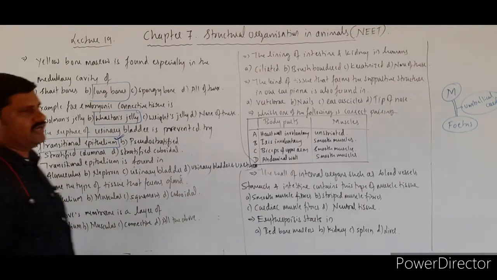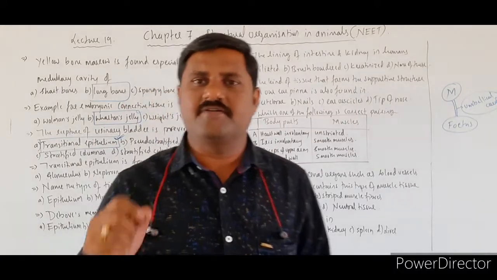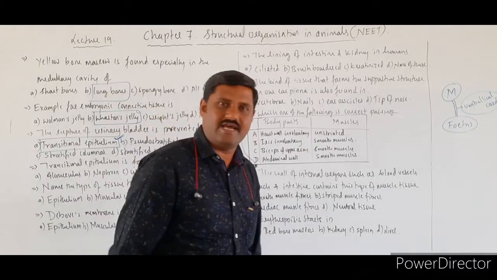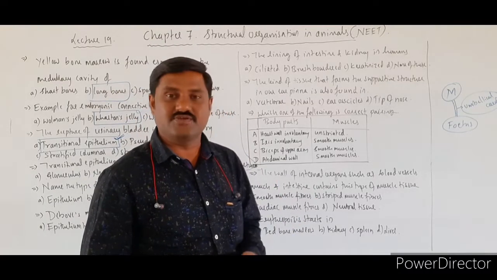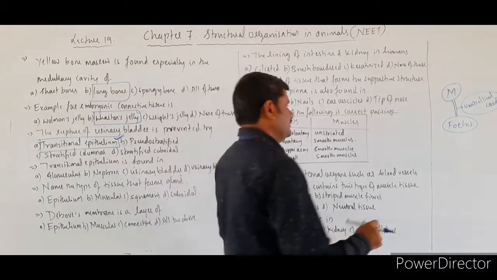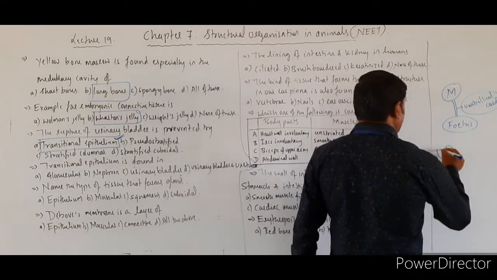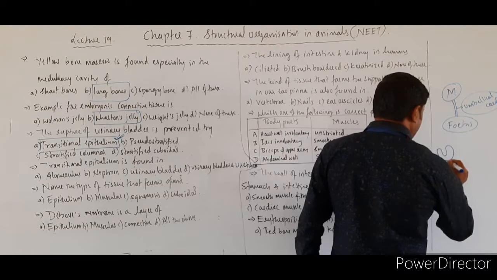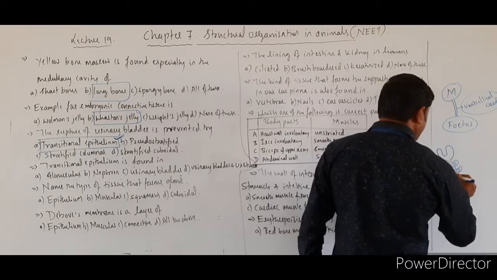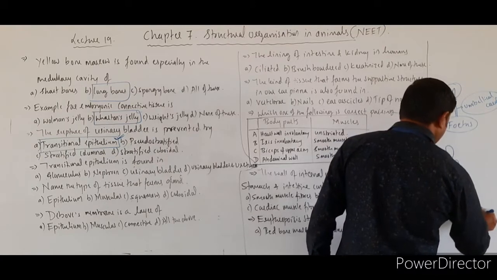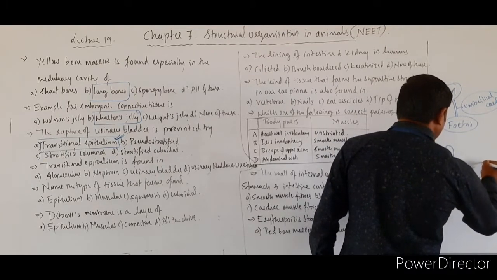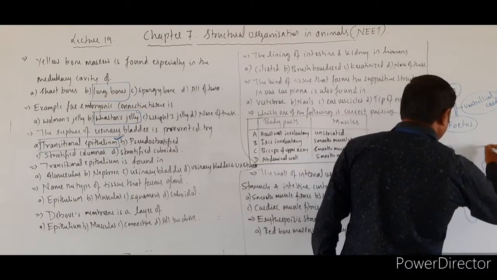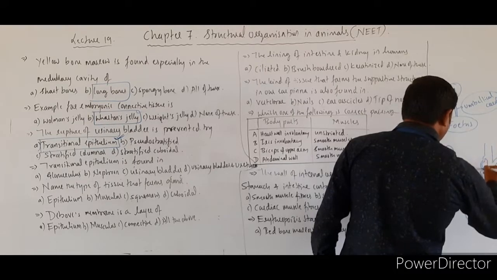Glomerulus. What is this glomerulus? You know, the structural and functional units of the kidney are nephrons. Let us draw the diagram and I will show where actually the glomerulus is present. See here, this is Bowman's capsule in the nephron, and this continues as a highly coiled tubular structure, which is known as the PCT, and it is followed by the next one, the DCT.